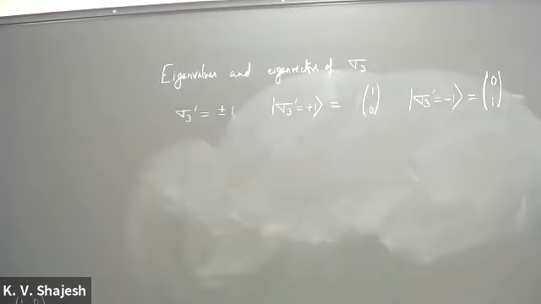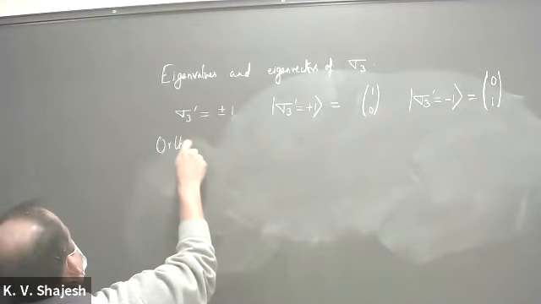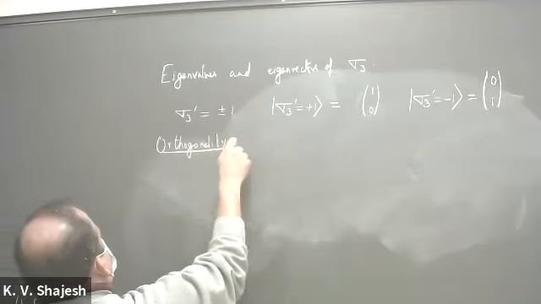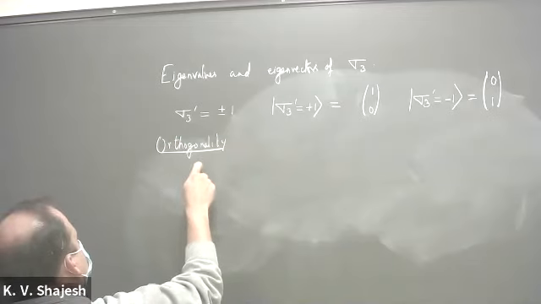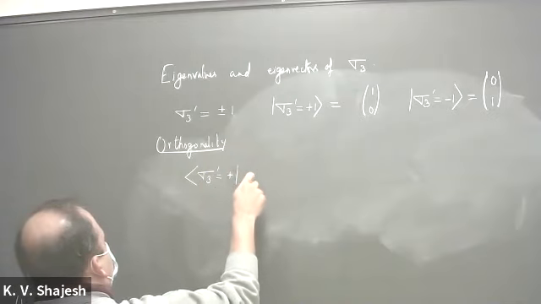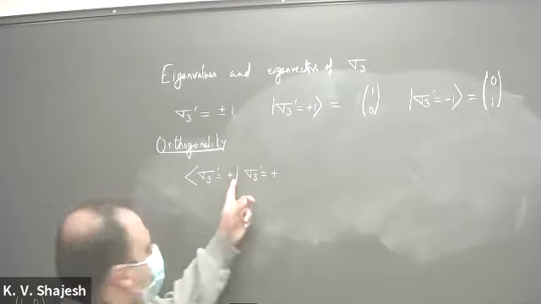So now that we have these two vectors, remember in the very first couple of weeks we talked about orthogonality, normalization and completeness. So let's see orthogonality. Let's do sigma 3 prime is equal to plus 1.